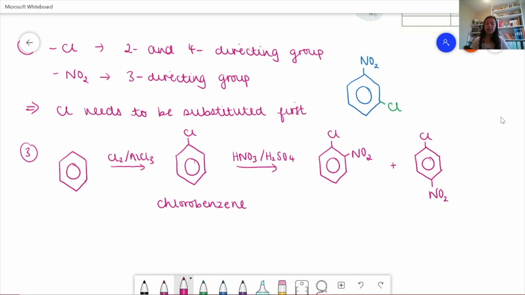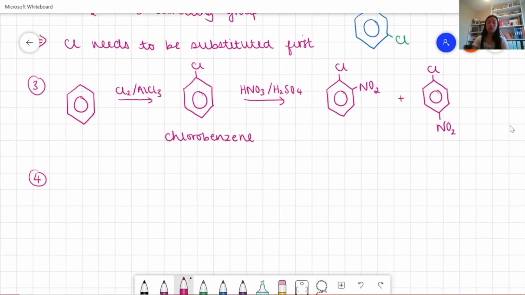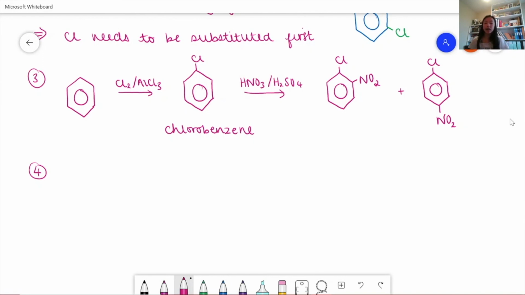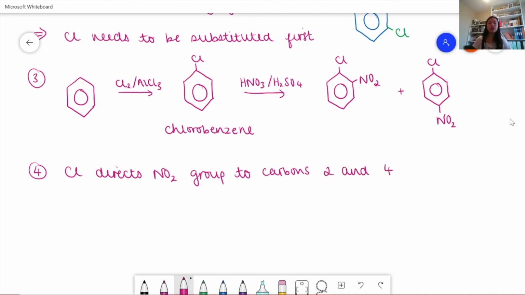So this is where our step 4 comes in, because we have a mixture instead of just the product that we want. So what we say is that chlorine directs this NO2 group to carbons 2 and 4. So actually naming the molecules that we have above.